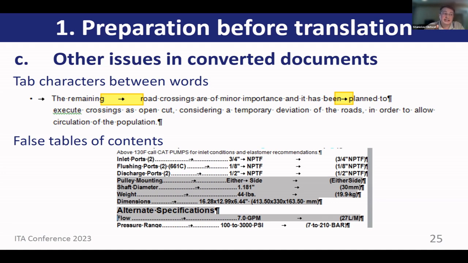A table of contents is actually an automatically generated field which is not imported into CAT tools in most cases. And even if it is imported into the CAT tool and you translate it, it may get destroyed as soon as document fields are updated, which can happen at any moment, both on your side and on your customer's side.